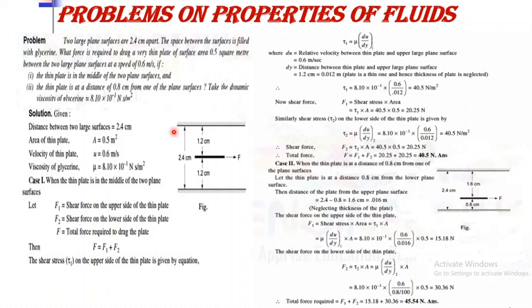So for these two particular conditions, we have to find out the force required to drag a very thin plate of surface area 0.5 meter square. We have to calculate the force required to move this plate with a velocity of 0.6 meter per second, and the plate has a cross sectional area of 0.5 meter square.